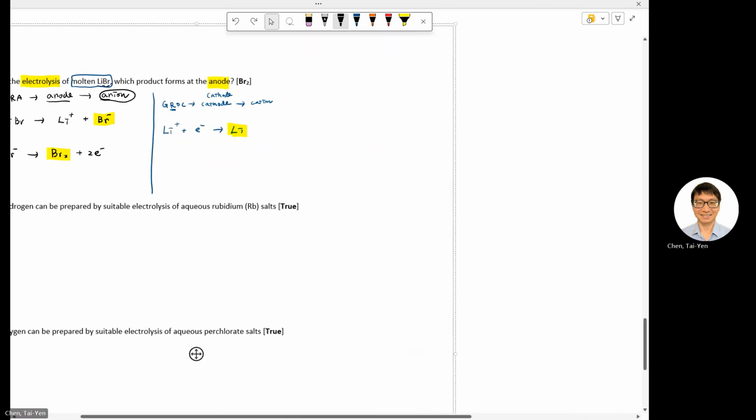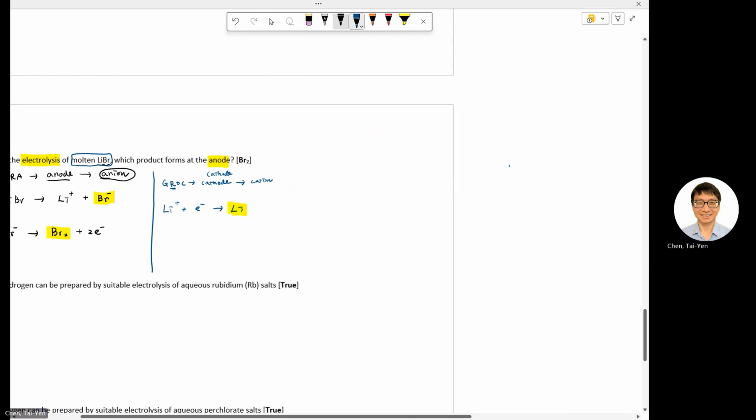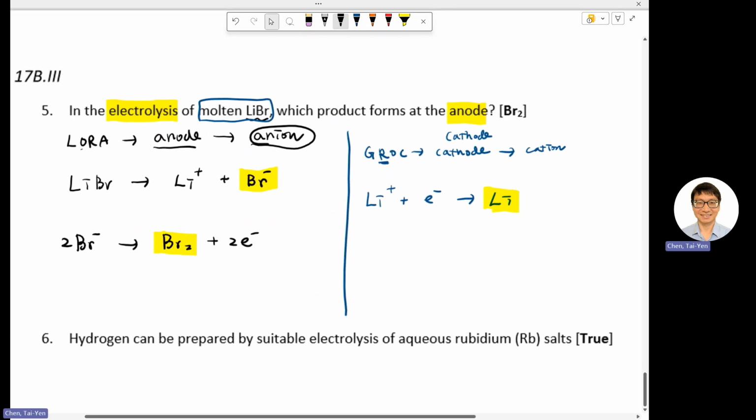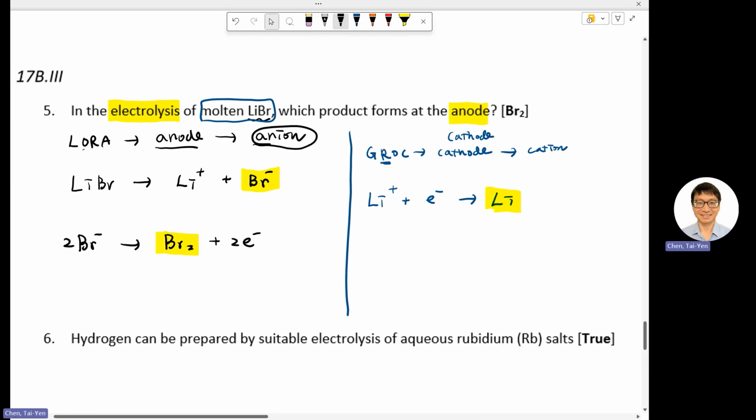Okay, if today I have different molten salts mixed together, for example, if I have AlCl3 as another salt inside my cell, then things become quite interesting, because AlCl3 becomes Al3+ and 3Cl-.